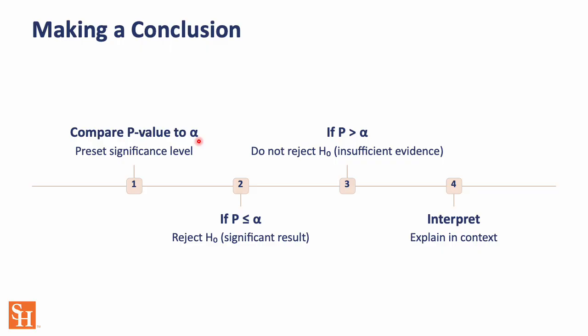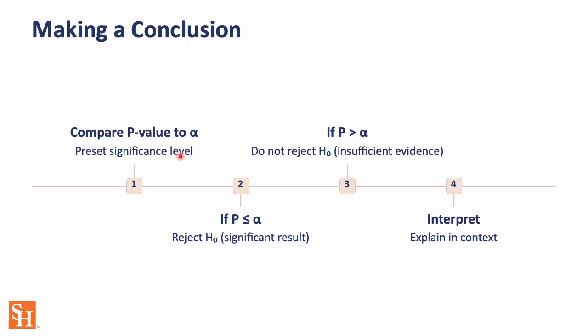If the p-value is less than or equal to alpha, then we reject the null hypothesis, and we say we have enough evidence to reject it, right? And if the p-value is greater than alpha, we do not have enough evidence to reject the null hypothesis, right? Using this information we interpret our result.